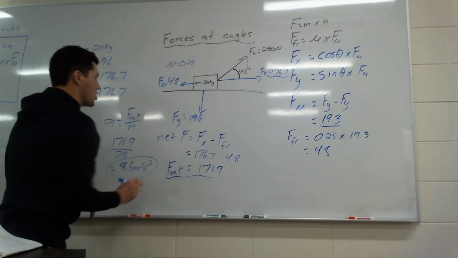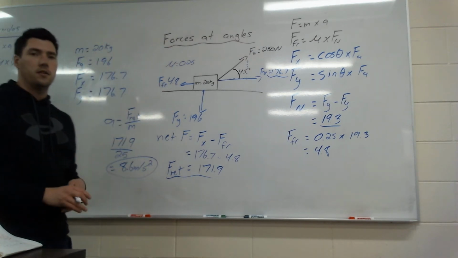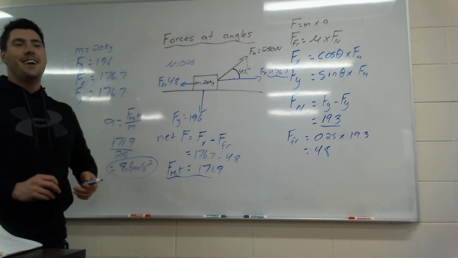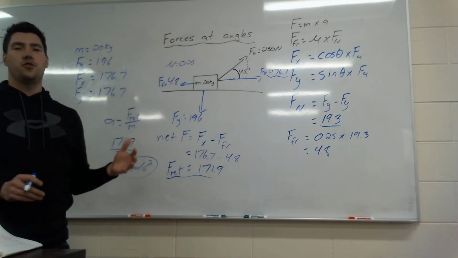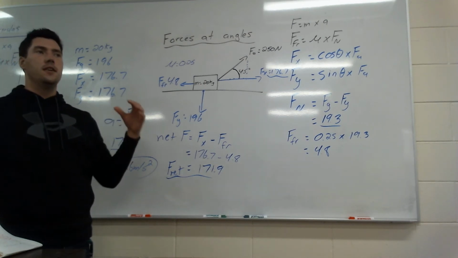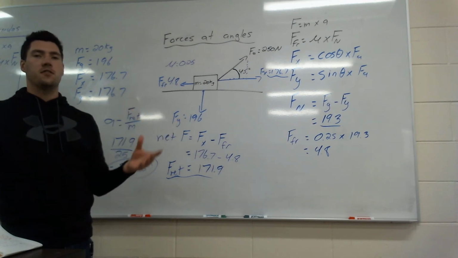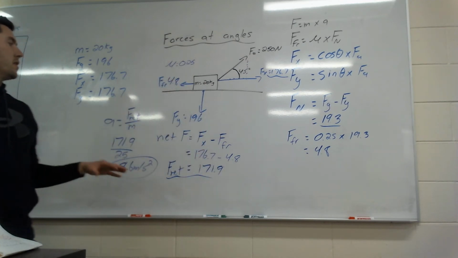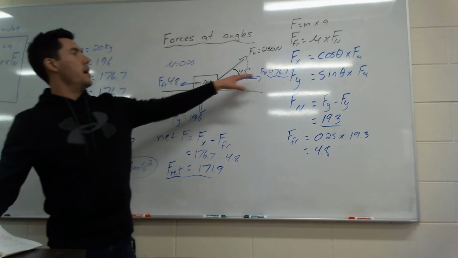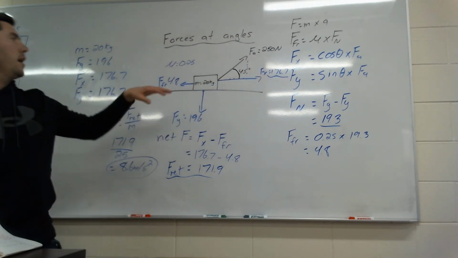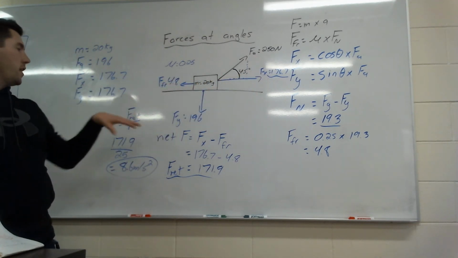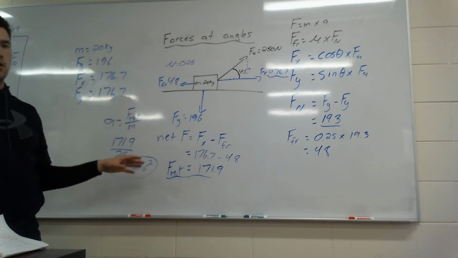So this question, now that it's all fully finished, is very, very similar to question 2 on your worksheet, the one that's in the file folder that has an answer key already. It's very similar in the sense of force x was winning and force of friction was losing. You have to find a net force and then find an acceleration.